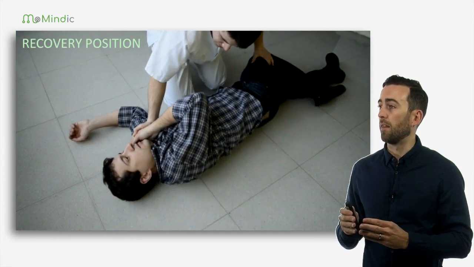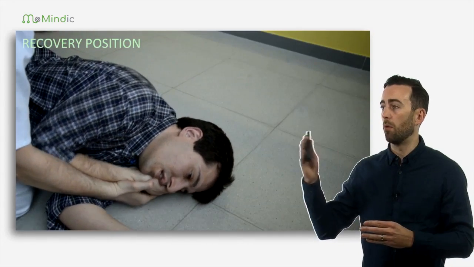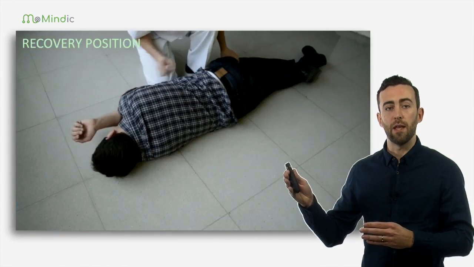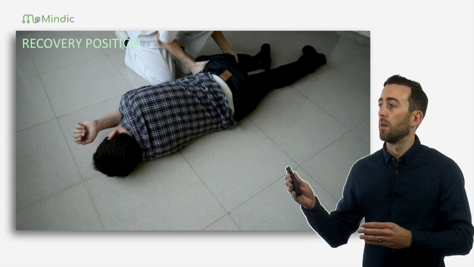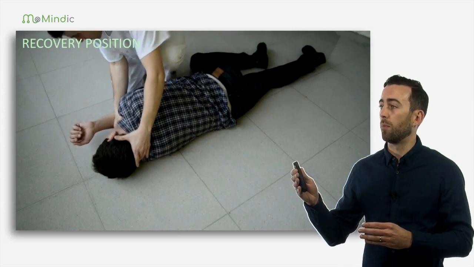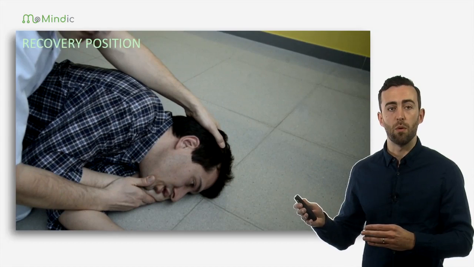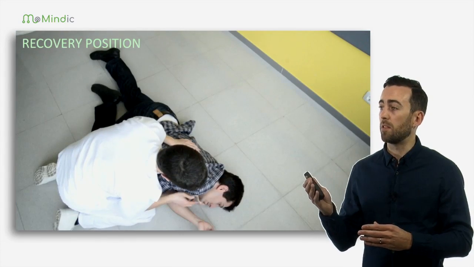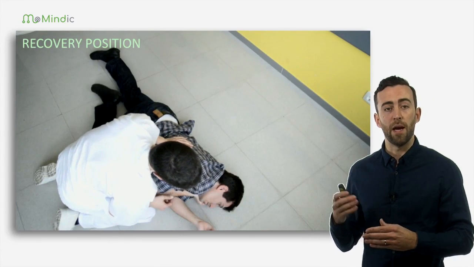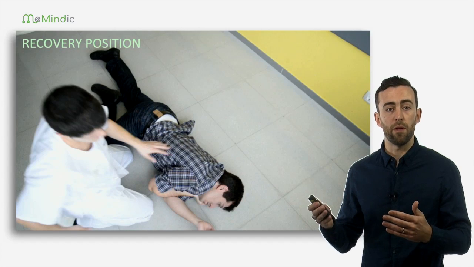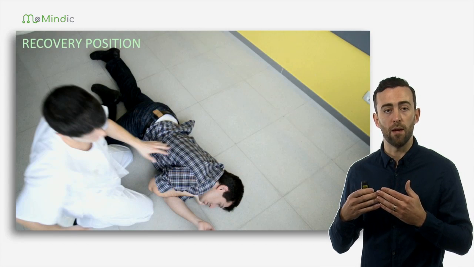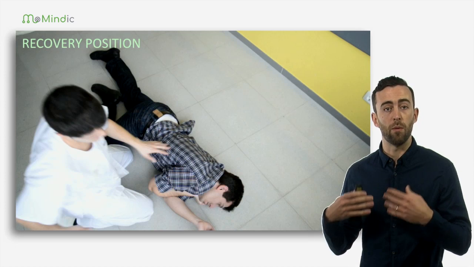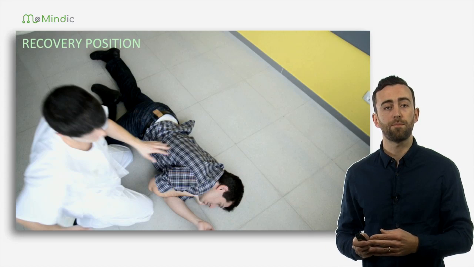And using the leg and the shoulder, they will be rolled into a position here where you will see the hand supports the airway and the knee and the other elbow supports the patient so they don't roll completely into a prone position. The hand that is placed underneath the chin should allow the airway to remain open, and if there's any vomiting or debris, then it will come out of the mouth and there will be a minimal risk of aspiration.